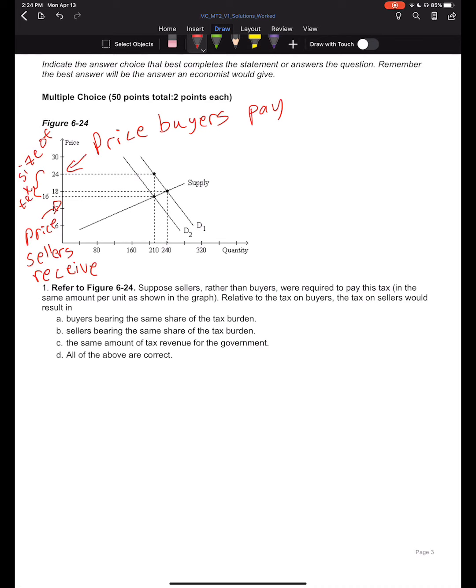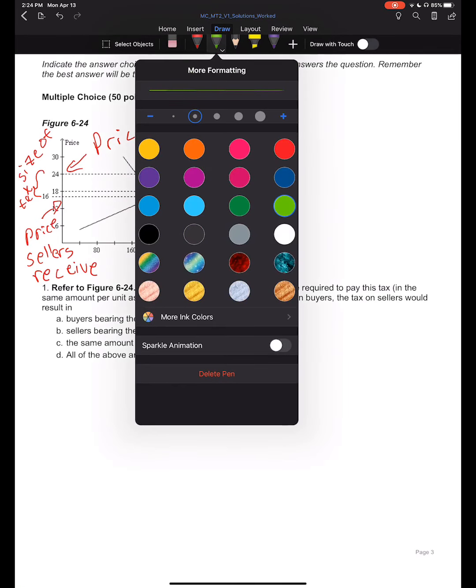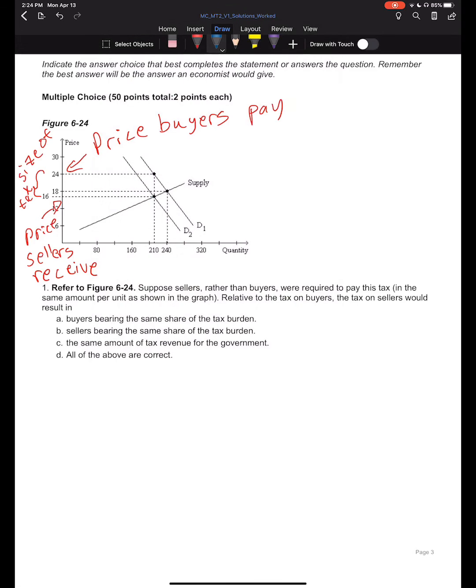So in this market, there is a tax of $24 minus 16, which equals 8.